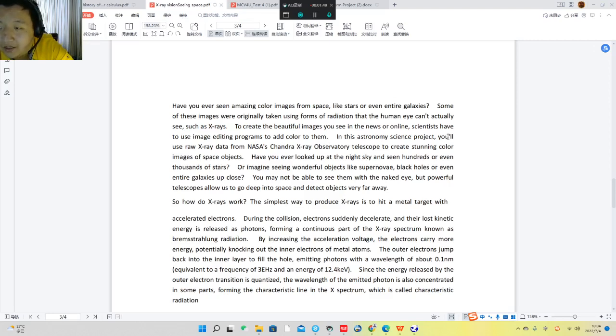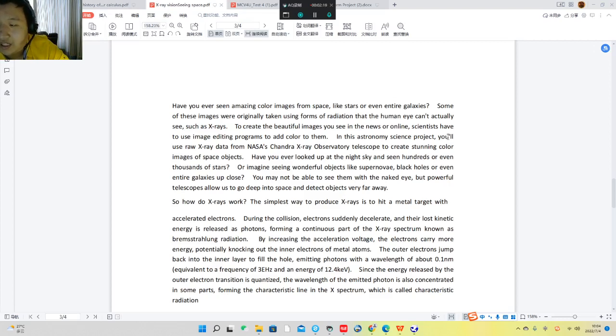To create the beautiful images you see in the news or online, scientists have to use image processing programs to add color to them. In this astronomy science project, you will use raw X-ray data from NASA's Chandra X-ray Observatory Telescope to create stunning color images of space objects.